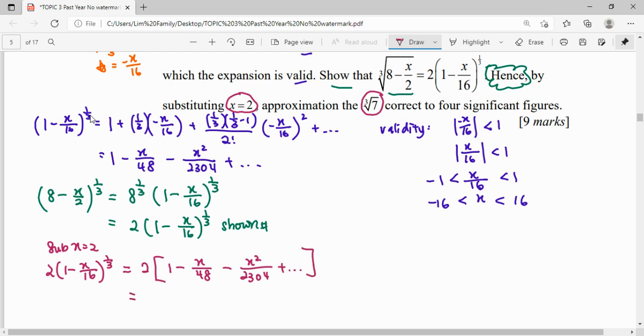So actually, when we expand fully, it will equal this answer.